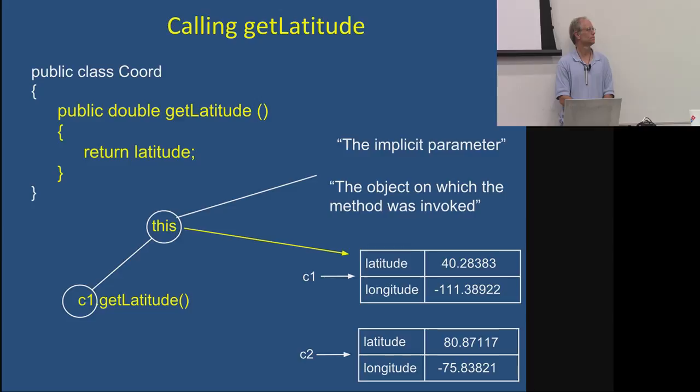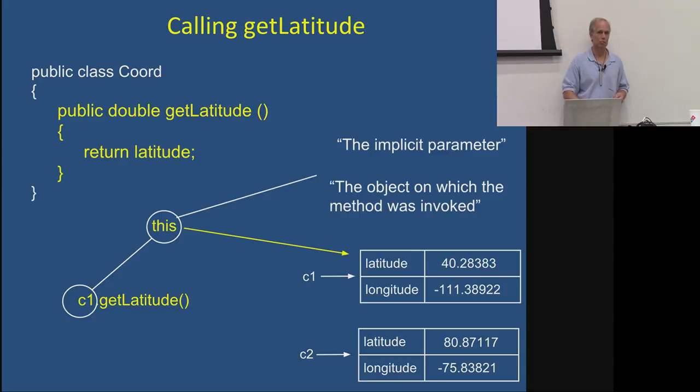Yeah? If we had a method that we wanted to call inside of getLatitude, would that be an appropriate place to use this dot another method? Okay, so there's a method called toString in this class. So suppose for some reason inside getLatitude we wanted to call toString. So we could say this dot toString, in which case we're saying call toString on this.